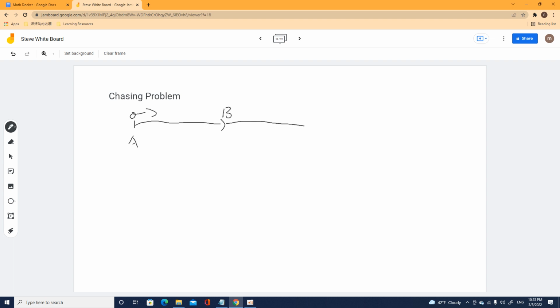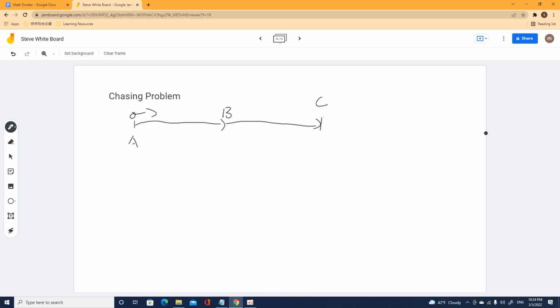The question asks after how many hours the second car will catch up with the first car at point C. That is the typical chasing problem.